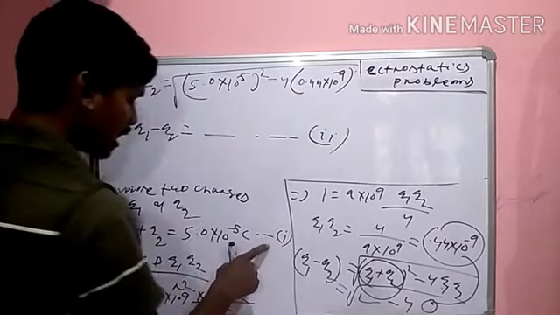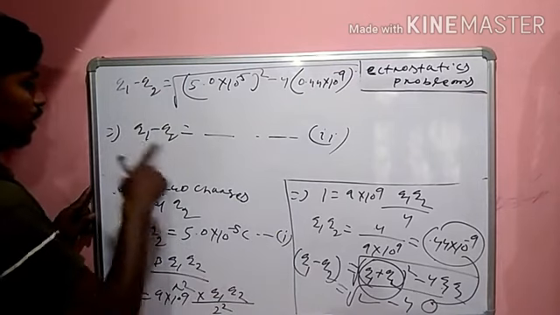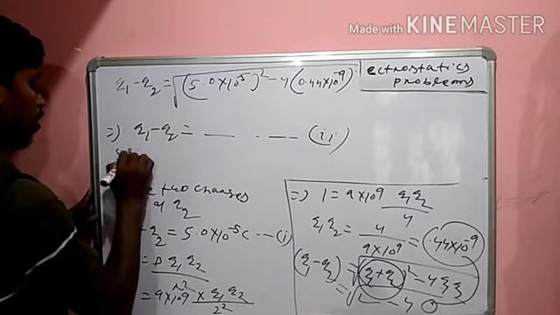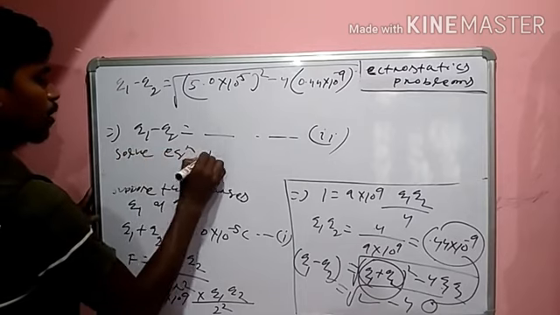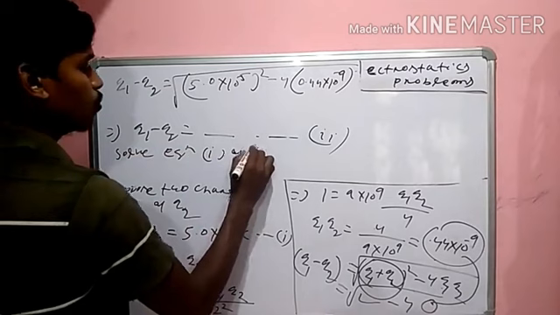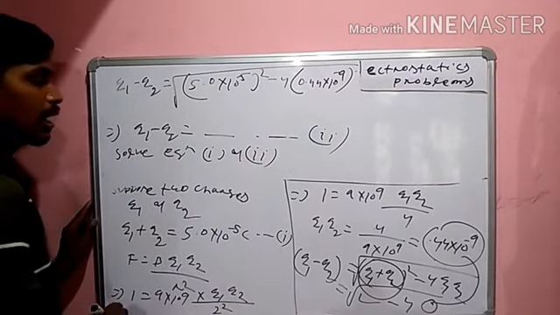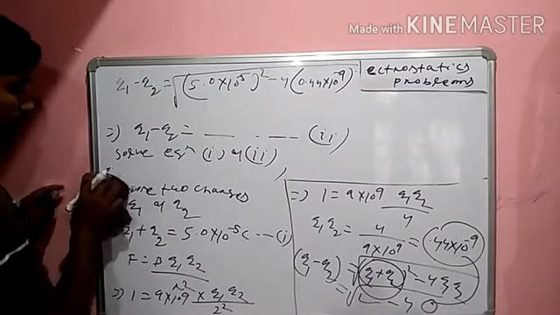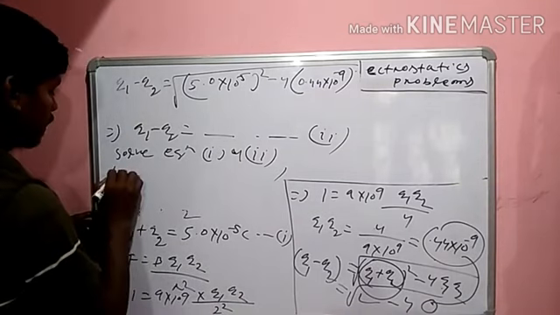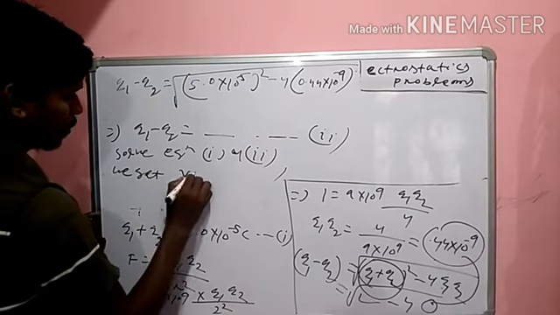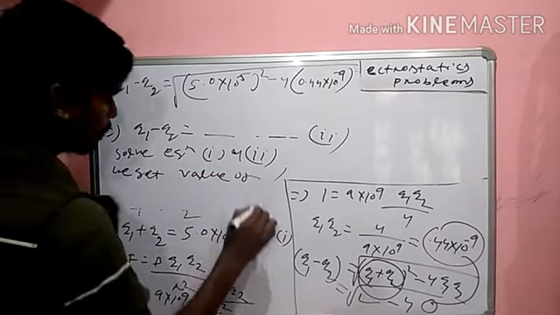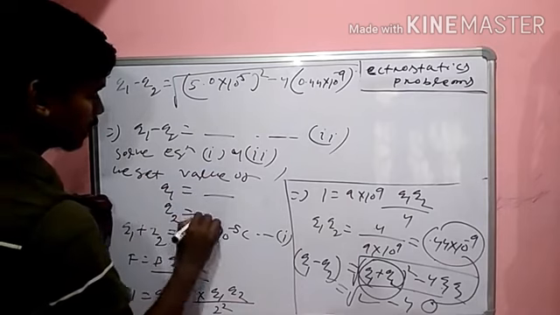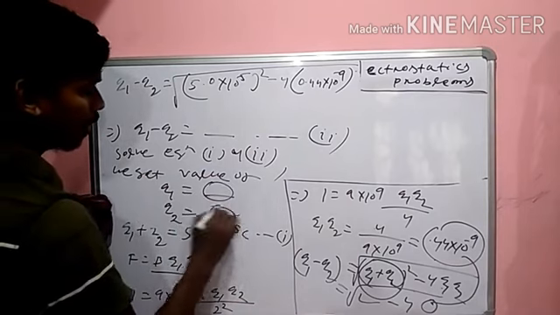Equation 1 is Q1 plus Q2, and equation 2 is Q1 minus Q2. Then solving equations 1 and 2, we get the values of Q1 and Q2. This is the answer.